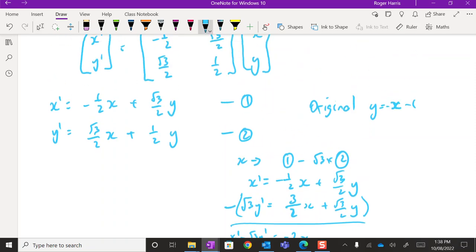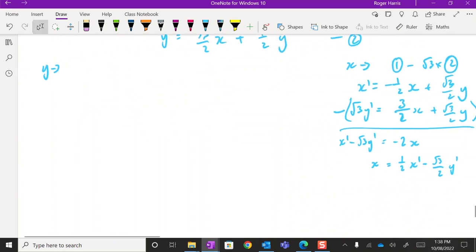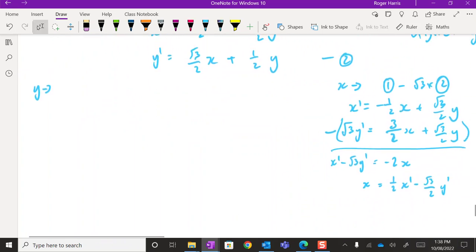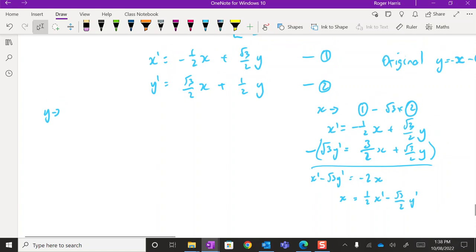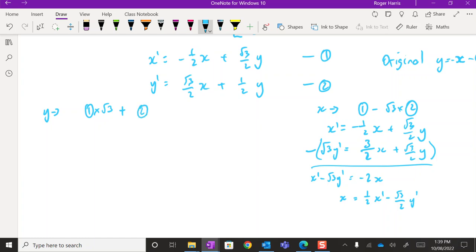Okay, so now the x part is done. Now I'm just going to find the y part. Solving for y, again, let's have a look at what we got. Solving for y, I need to eliminate my x value. So the first equation times root 3 will give me root 3 on 2, plus the second equation this time, because one's positive, one's negative.